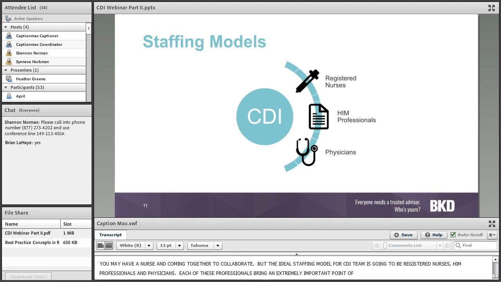But the ideal staffing model for a CDI team is going to be registered nurses, HIM professionals, and physicians. Each of these professionals brings an extremely important point of view to the CDI team that is required to ensure that there's accurate reimbursement, that quality measures are documented correctly, and that compliance is being met.